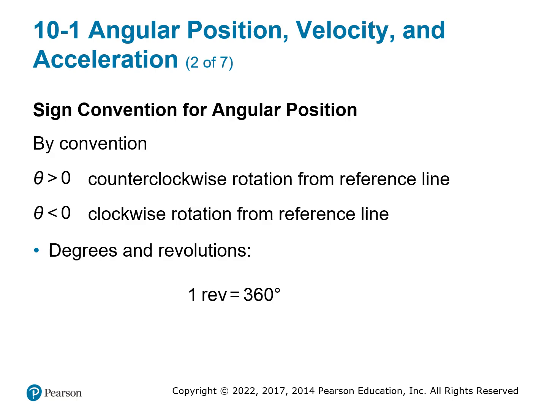Radians is the proper units, but sometimes you will need to convert between degrees, revolutions, and radians. So one full revolution is 360 degrees, right? It's a circle. One revolution is also equal to 2 pi radians as well.